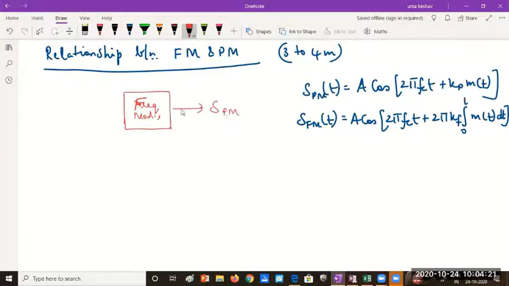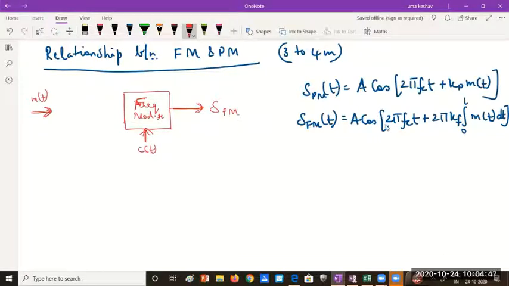I want the phase modulated output using this ready to use frequency modulator. I have the message, and the carrier as usual is available here. The carrier is connected here. What should I do to the message?